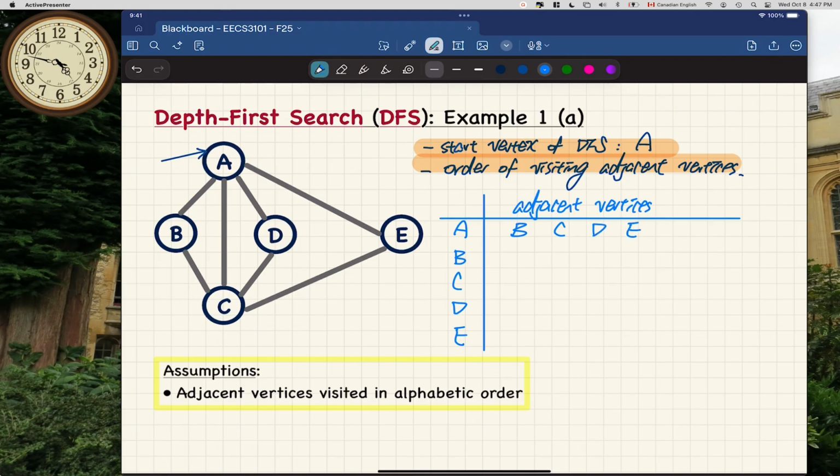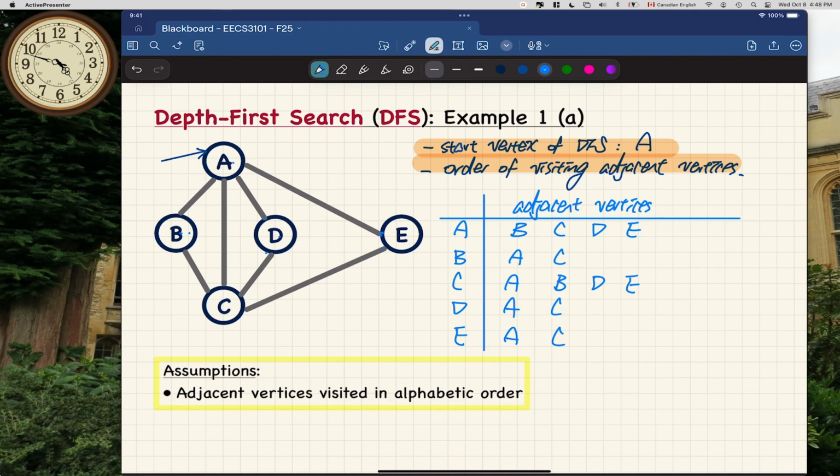What about B? B has degree 2: it's going to be A and C. And vertex C also has degree 4, so that means it has B, A, D, E, which in alphabetic order should be A, B, D, and E. For D, we have degree 2, A and C. And for E, it's also degree 2, also A and C. So that'll be the order.